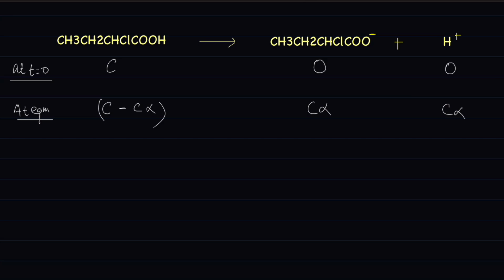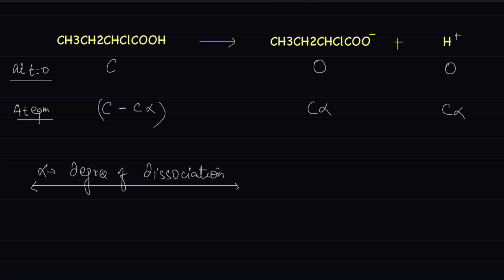How are we getting this, what is alpha here? Alpha is degree of dissociation. It means how much percentage of this 2-chloro-butanoic acid is getting dissociated. So this is our remaining concentration.